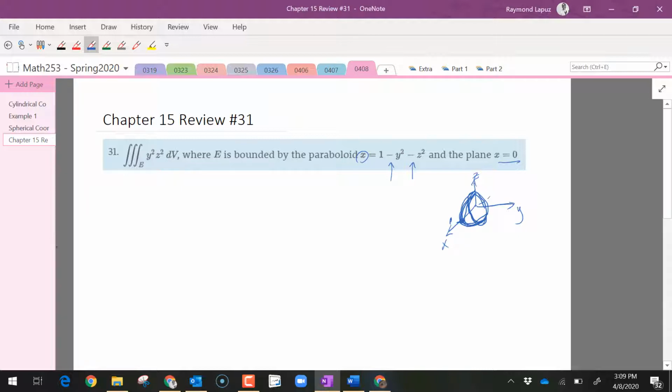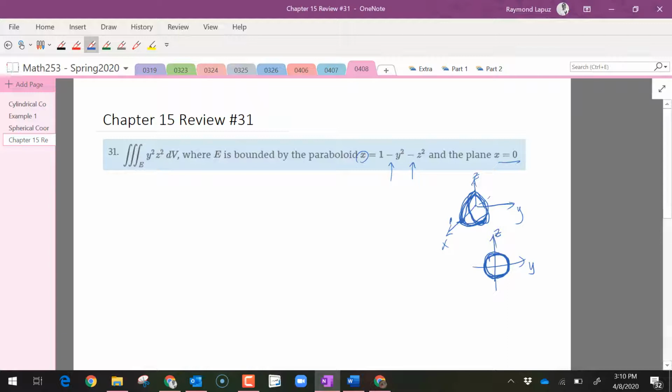Okay, what's important here is that we're going to get an image or a shadow on the yz plane that's going to be this circle. So your solid will have this boundary of a circle here on the yz plane. And that means if we're going to do this in cylindrical coordinates or polar coordinates, we're going to have to treat y and z as our x and y.